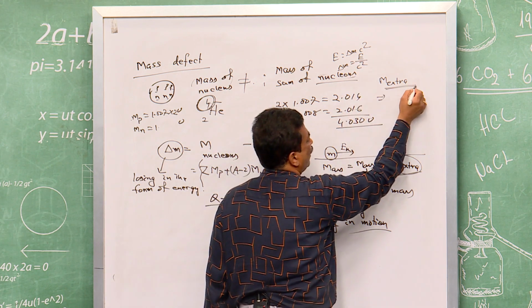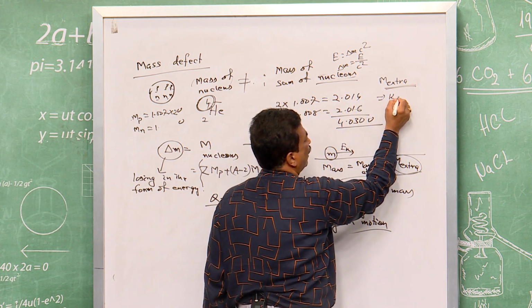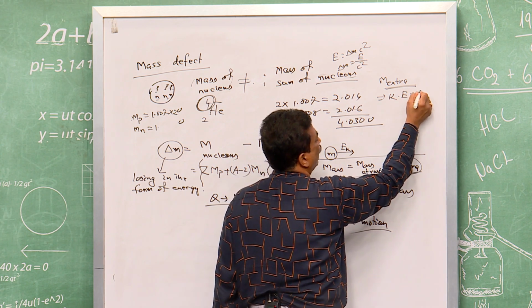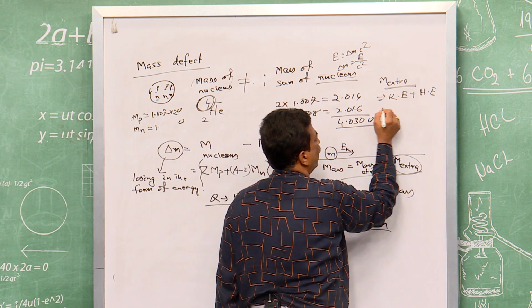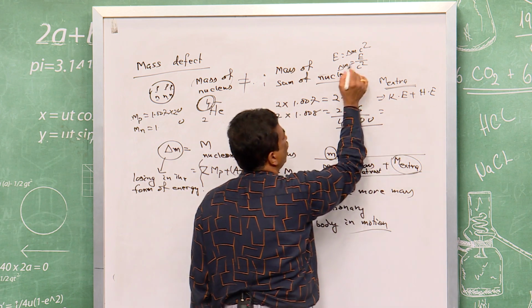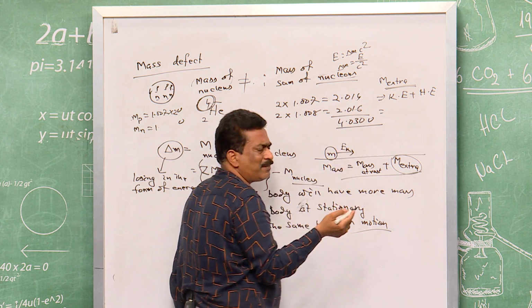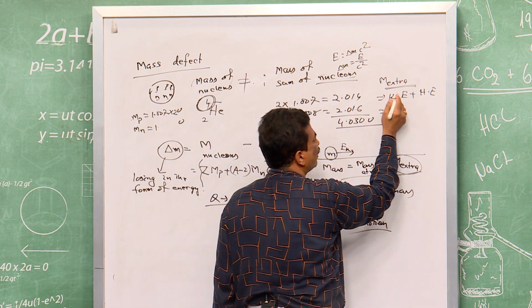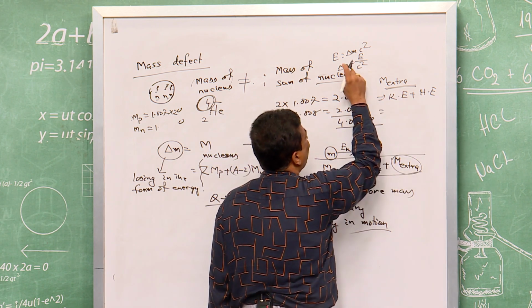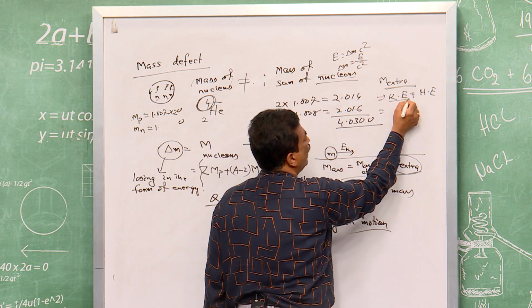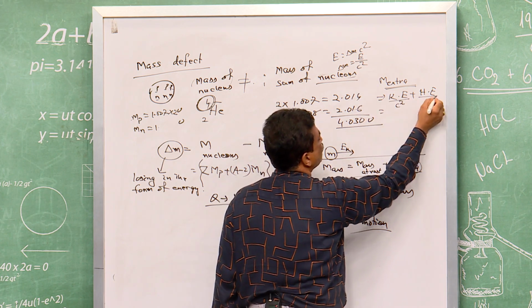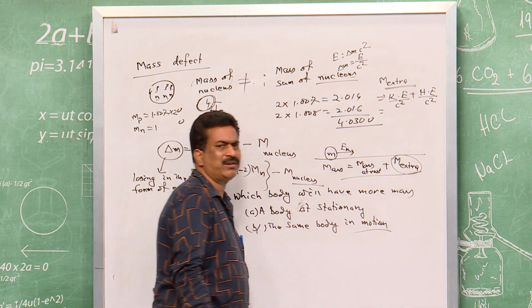So, this extra mass is due to the kinetic energy plus the heating energy, and that kinetic energy, if that is equal to E, and that E will be delta m c square. So, this kinetic energy in terms of the mass will be E by c square, meaning the kinetic energy by c square and the heating energy by c square.